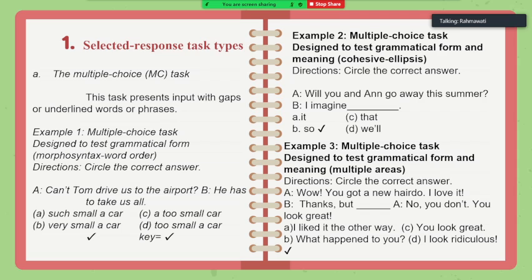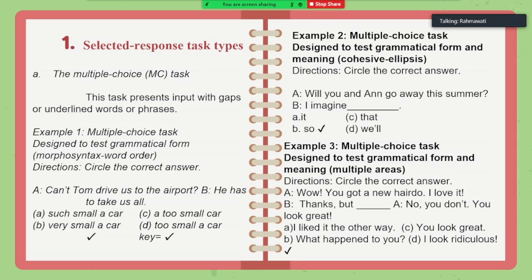But in this example, person B needs to understand the previous utterance in order to respond as expected. And this item is designed to test cohesive form and meaning. More specifically, it aims to measure ellipsis and referential meaning across the two turns.